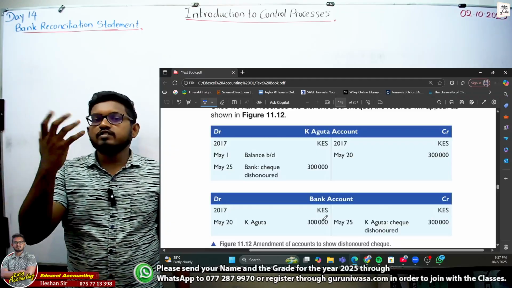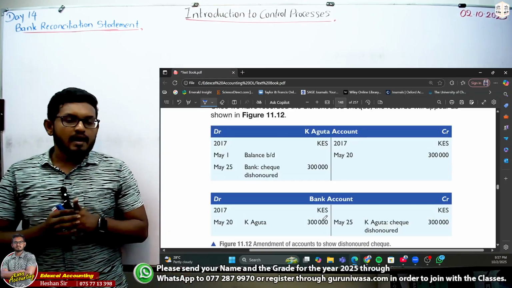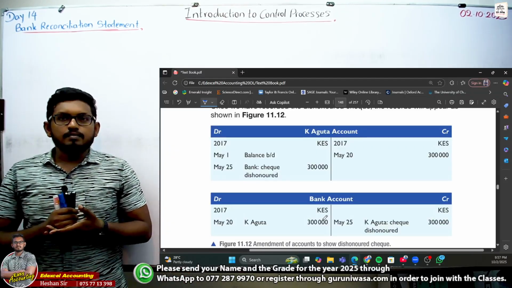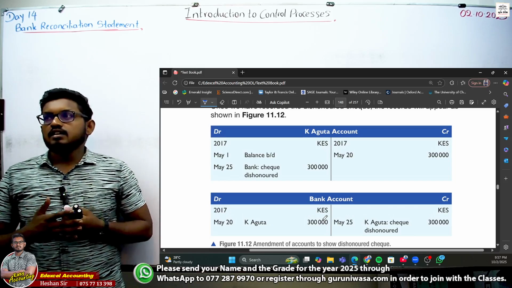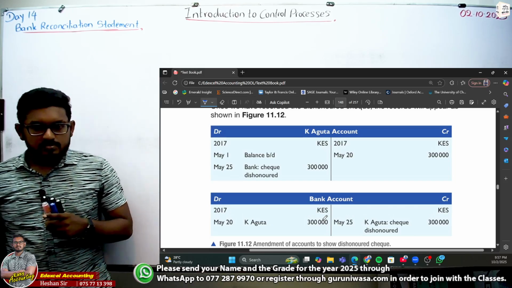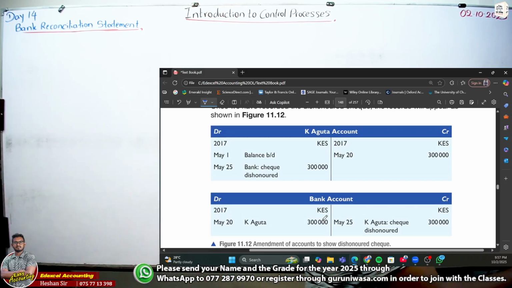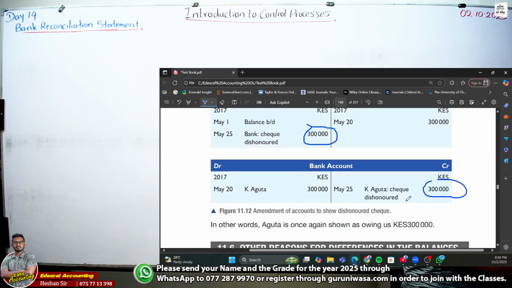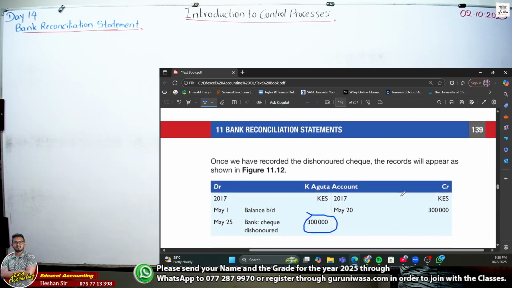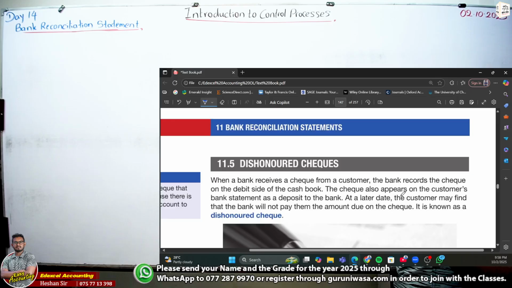When we hand over the check to the bank counter, we debit the bank account. Understand? But since the bank refused it, we need to credit it again. That's why the entry for the dishonored check is receivable account debit, bank account credit. Right? Write the heading.